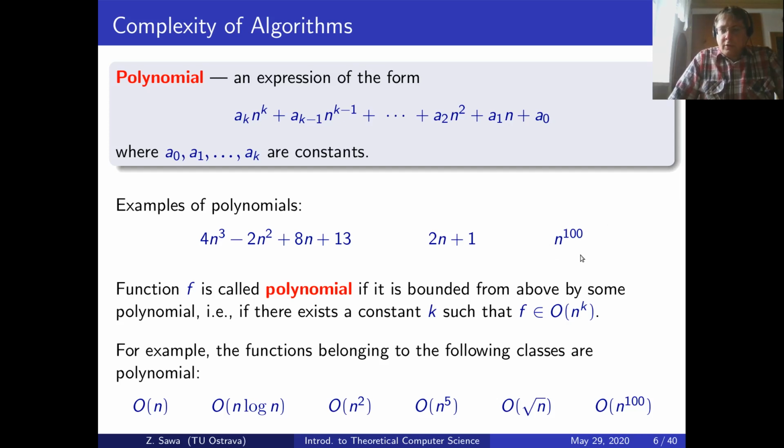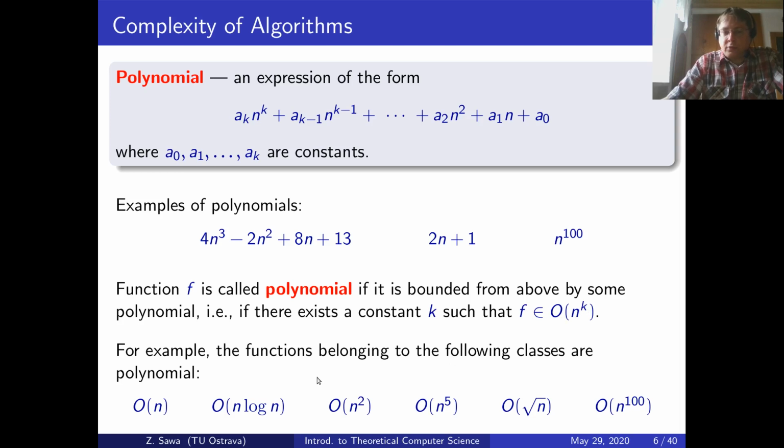We call a function polynomial if it's bounded from above by some polynomial. We use it not strictly only in this sense, but we call a function polynomial if we could bound it from above by some polynomial. Formally, f is called polynomial if f belongs to big O of n to k, where k is some constant.